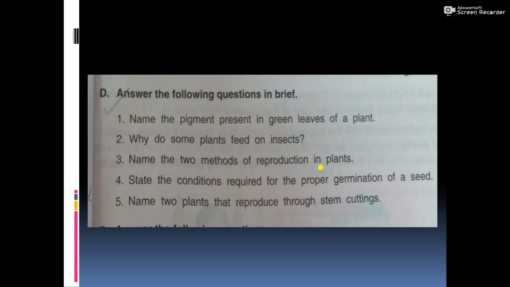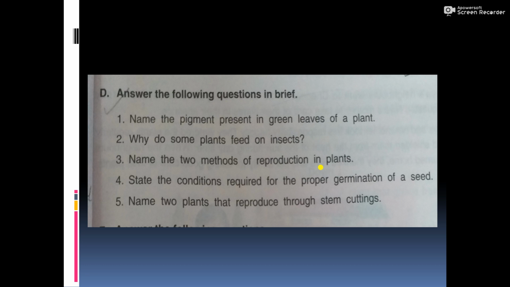Again you can see your third question. Name the two methods of reproduction in plant. You know two methods. First is reproduction through seed. In this video I have shown you how the seed germinates and a seedling is formed. The seed is required for the germination. But second is reproduction through other parts of the plant, also known as vegetative reproduction.